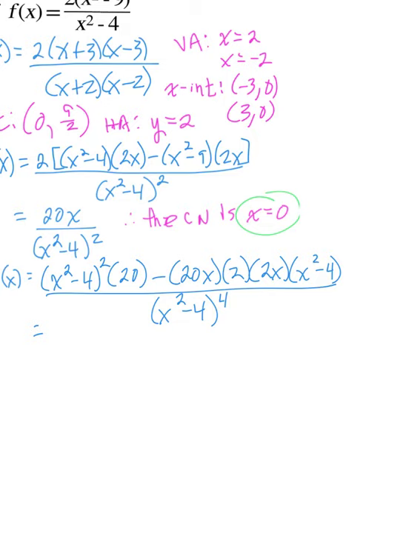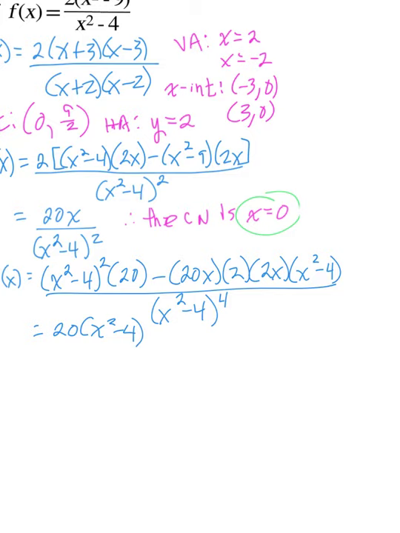Actually, if you think about it, you can take out a 20 and you can take out an x squared minus 4. Oh, that might make it a lot easier. If you factor out a 20 and an x squared minus 4, this one will have an x squared minus 4 left, and over here you're going to have an x, a 2, and a 2x left.